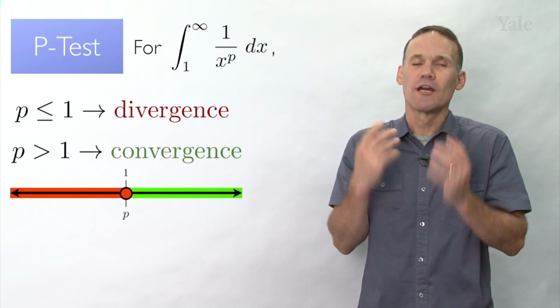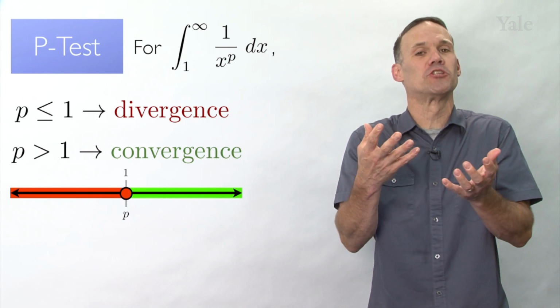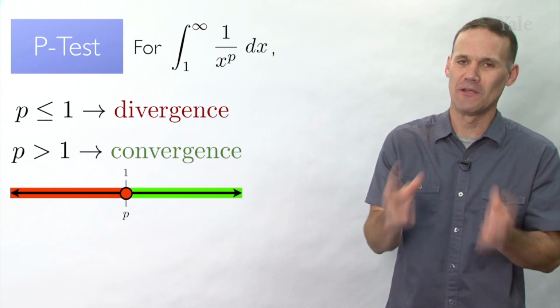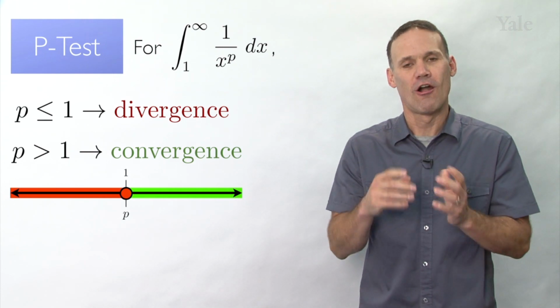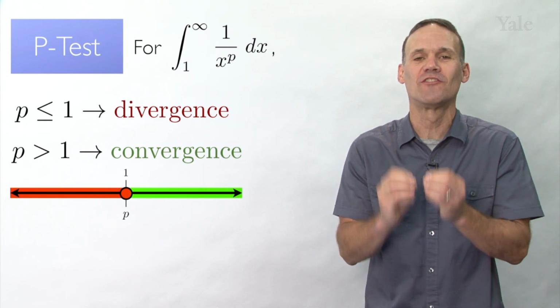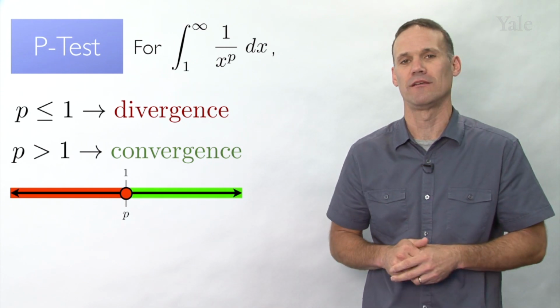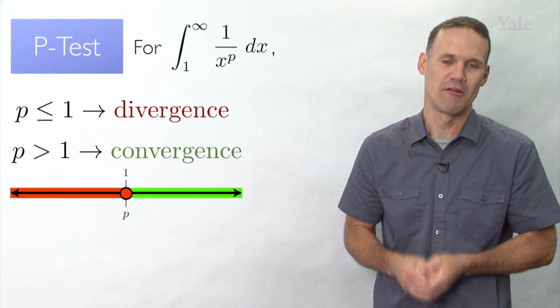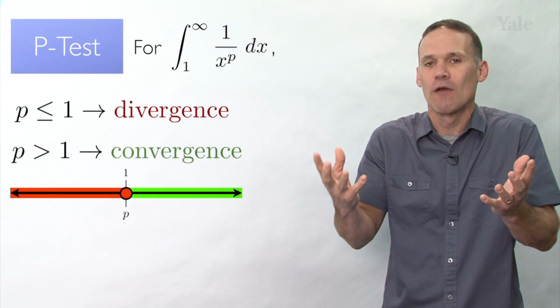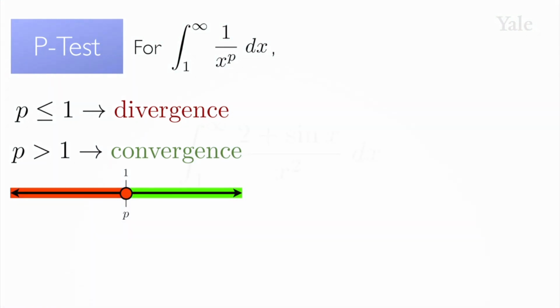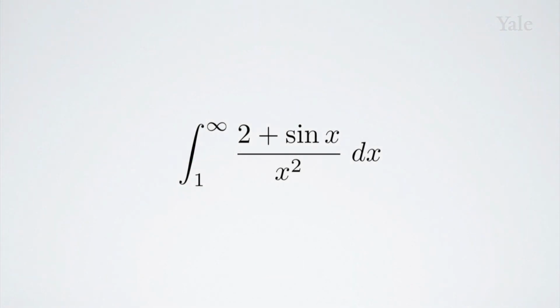Now, today we're coming across this very unfortunate circumstance, and it's this. Rarely are our functions as nice and simple as 1 divided by x to the p. They're usually more complicated, right? So, in fact, today we're going to wrestle with the example, the improper integral from 1 to infinity of 2 plus sine x divided by x squared.